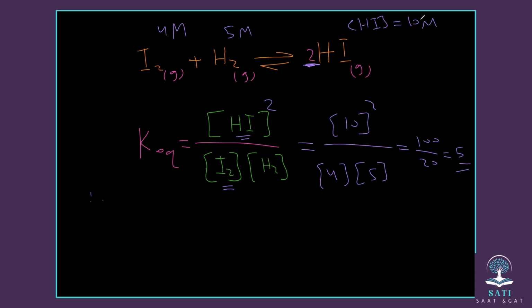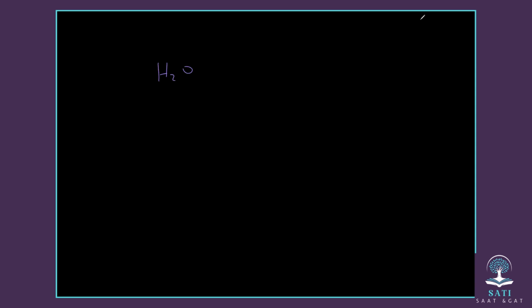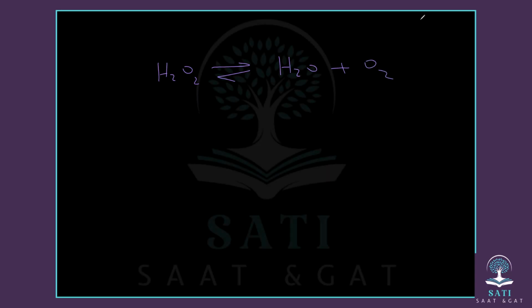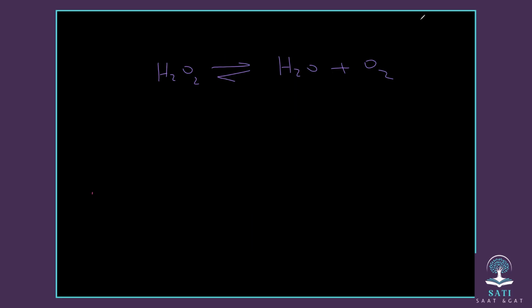Okay, let's take another example to see how we write the equilibrium constant. If I have H2O2, and it gives me H2O plus O2. First I have to balance this equation.